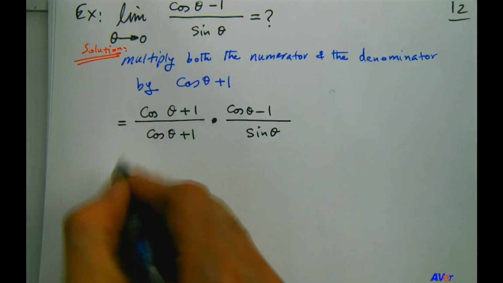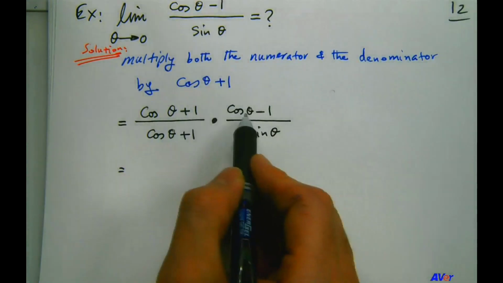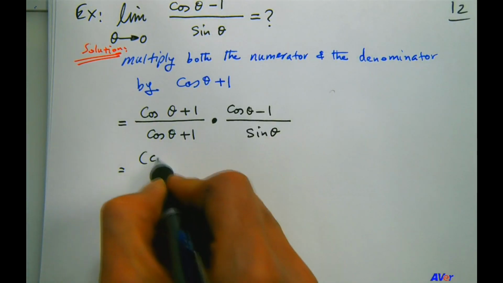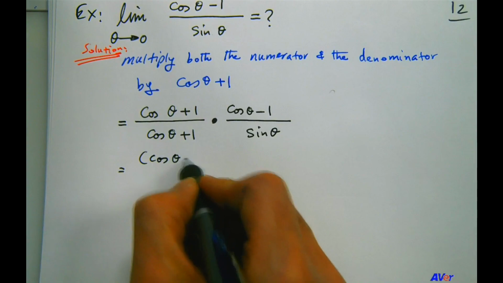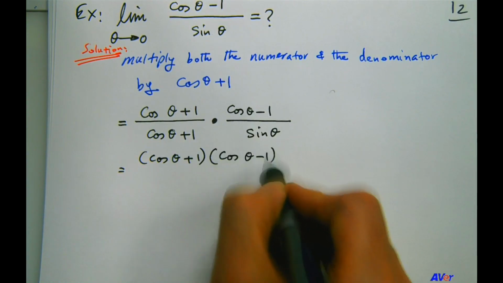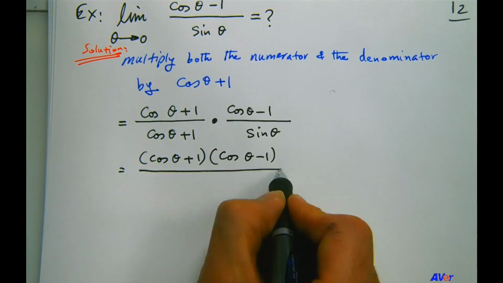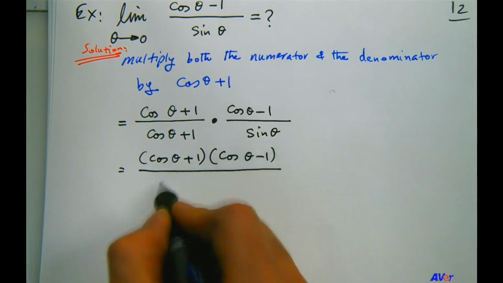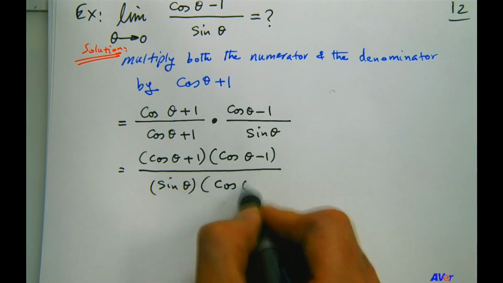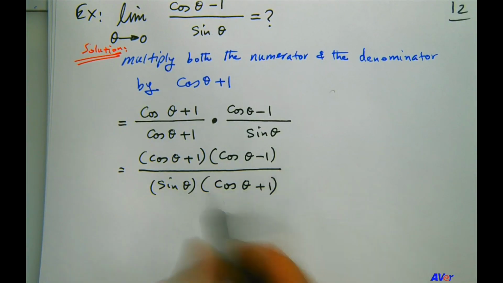Okay, now multiply these by each other. What do we get? Well, I don't want to skip any steps. It's better to show all of it. So cosine theta minus 1, and then, of course, we have sine of theta times cosine of theta plus 1.